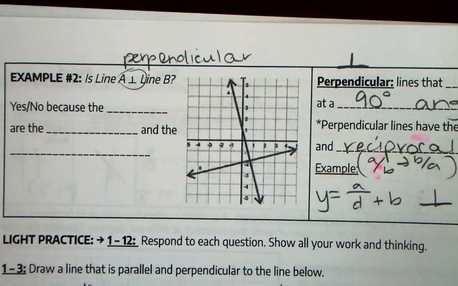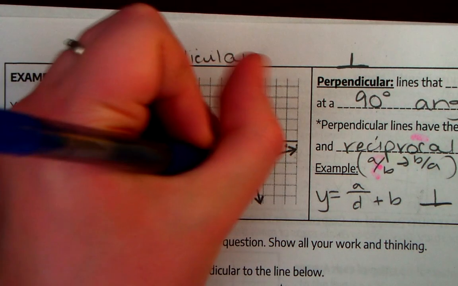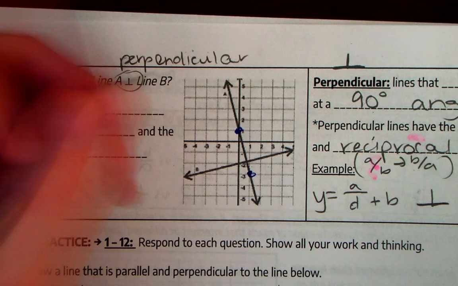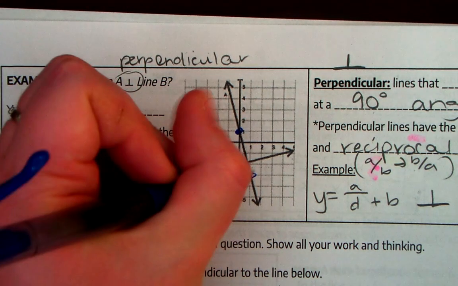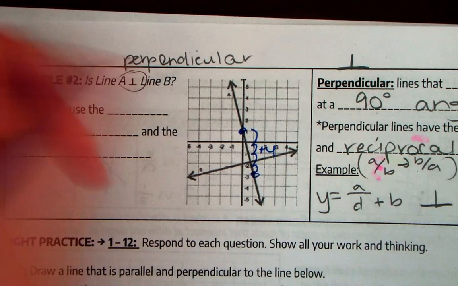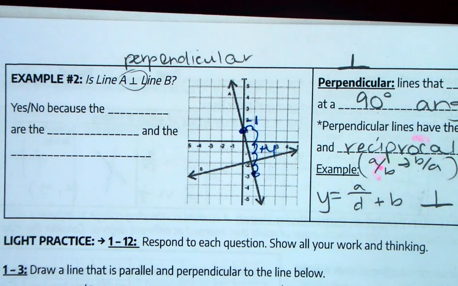So let me pick 2 points that are integers. I see this one and this one. What's my rise over my run? My rise is 1, 2, 3, 4, positive direction, and then to the left 1, so that's negative.